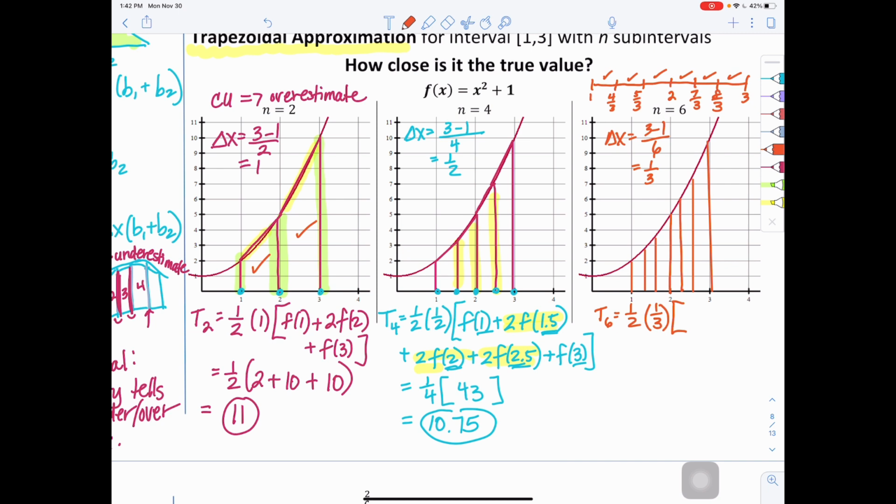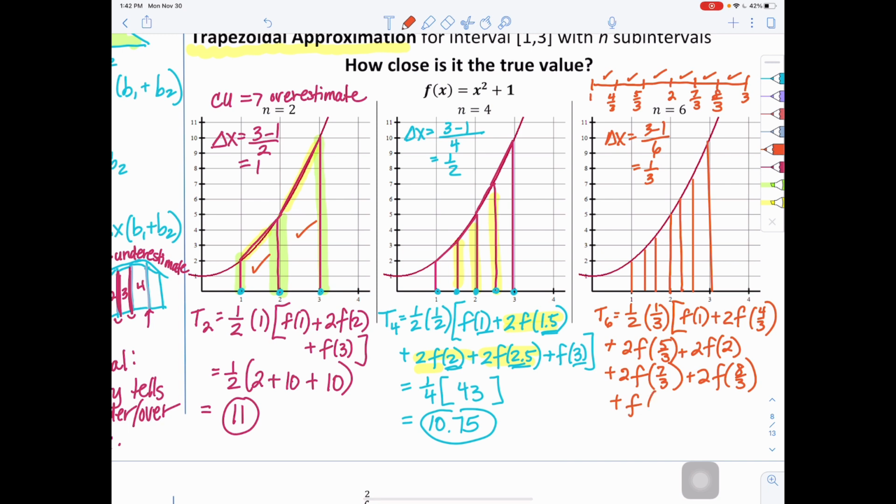So we're going to take 1 f of 1 plus double f of 4/3 plus double f of 5/3, double f of 2, double f of 7/3, double f of 8/3, and then just 1 f of 3. Okay, so we have 1/6 times.